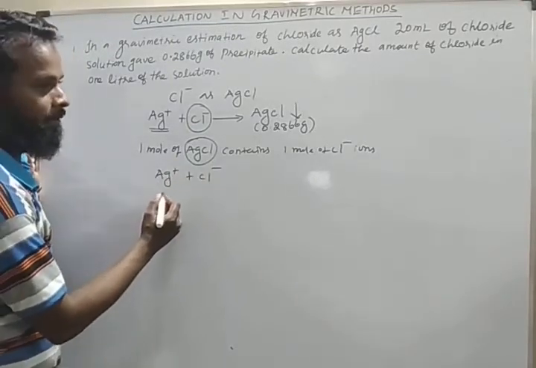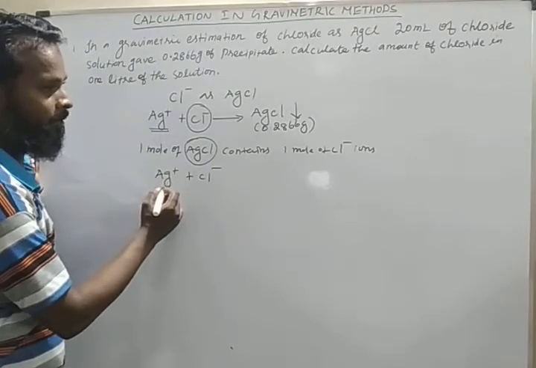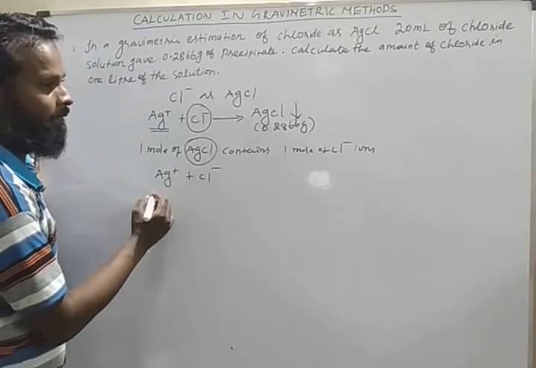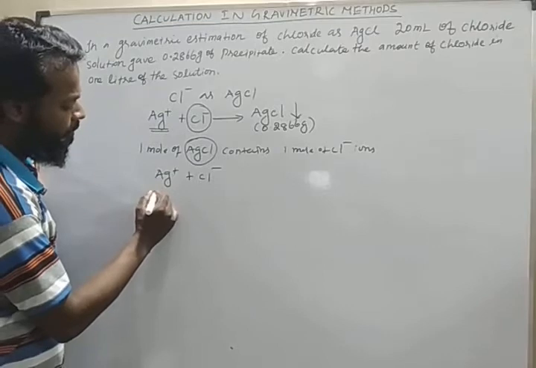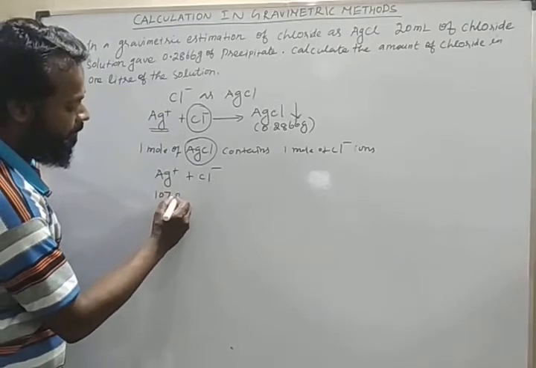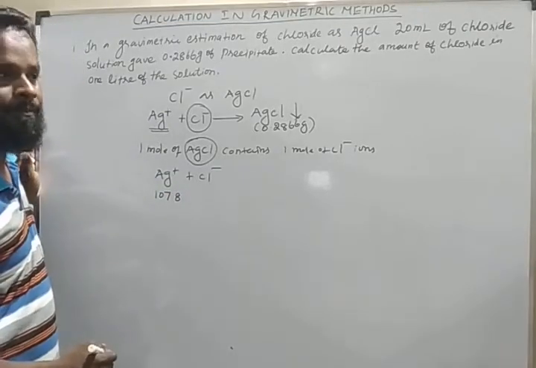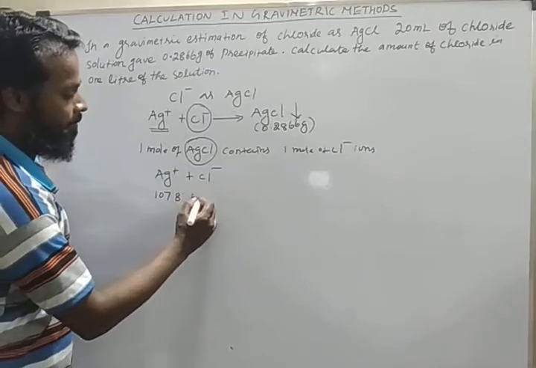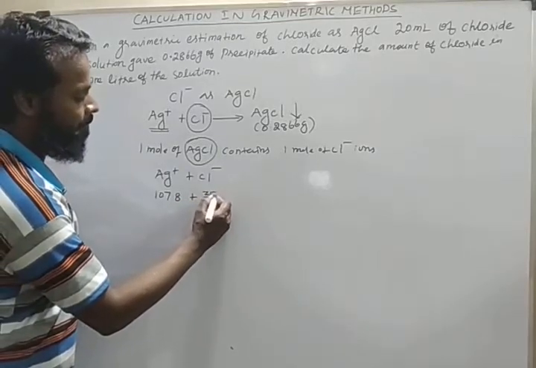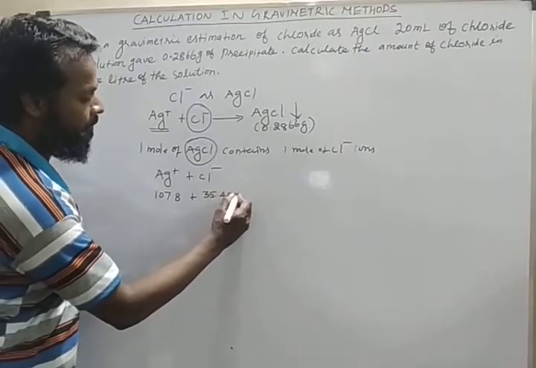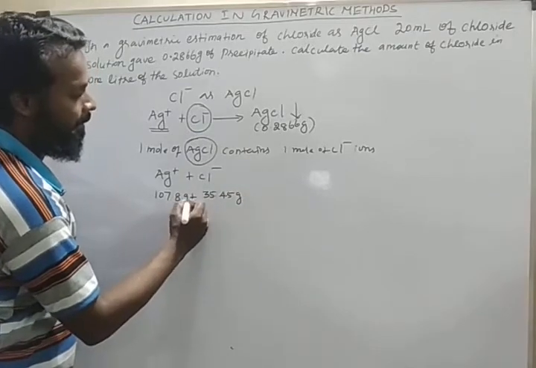The ionic mass of silver ion is 107.8 gram, and for chloride 35.45 gram.